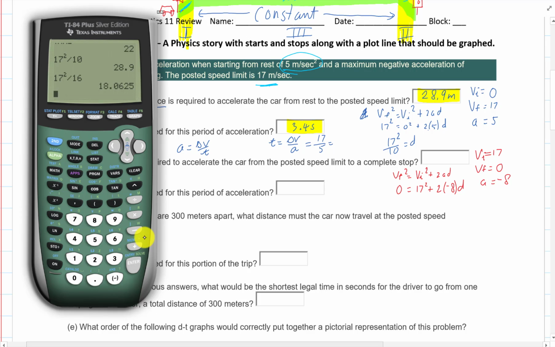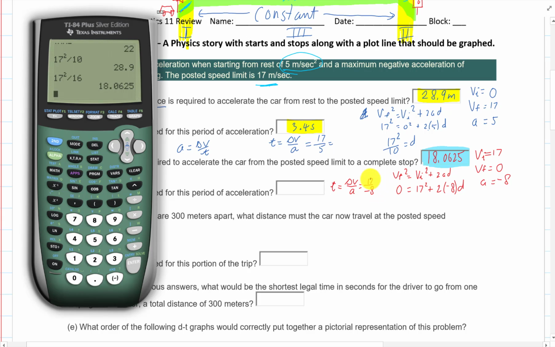So it took 18.0625. I'll just write it all down. I'll do it in blue for slowing down. And the time is the change in velocity over the acceleration, and that's going to be 17 over negative 8.